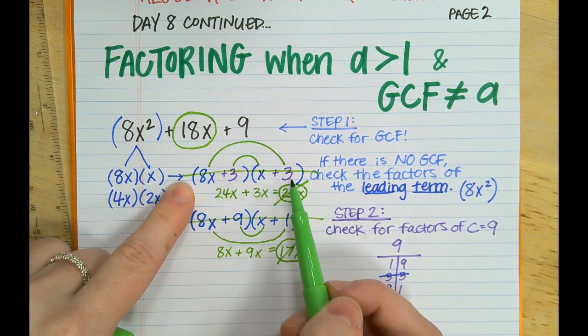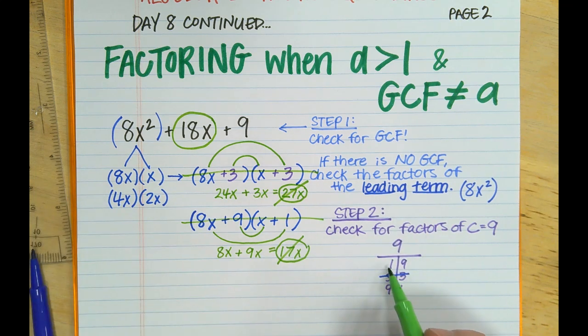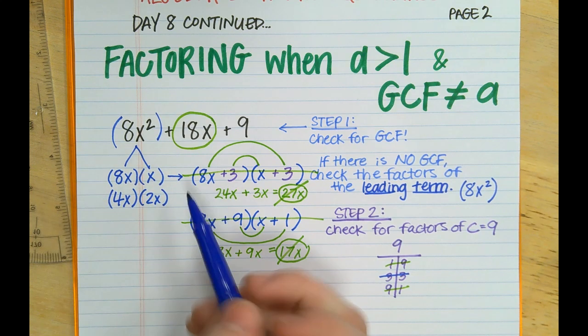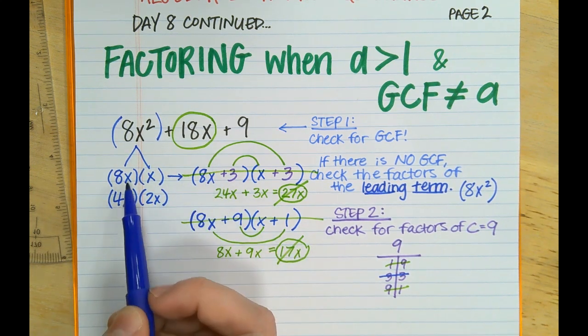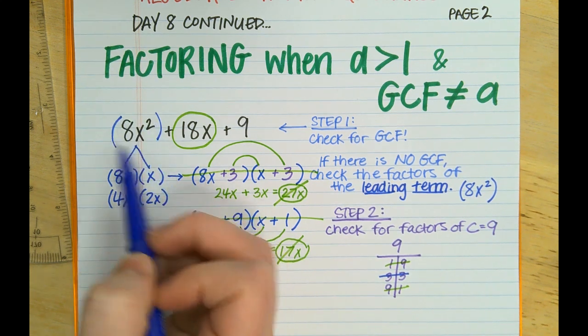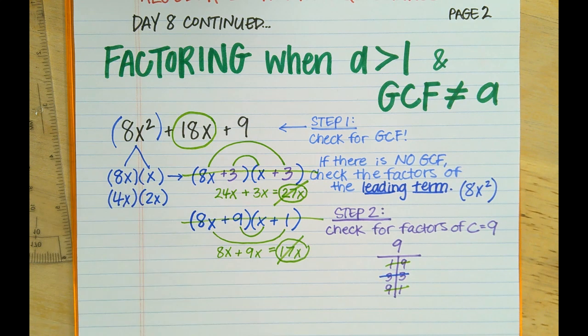So if I put a 9 over there, it's just going to get even more wrong. So let's just skip the rest of them. We've exhausted every possible outcome with the factors of that first term, 8x and x. So we know we're not going to use 8x or x now. We need to try the next set.